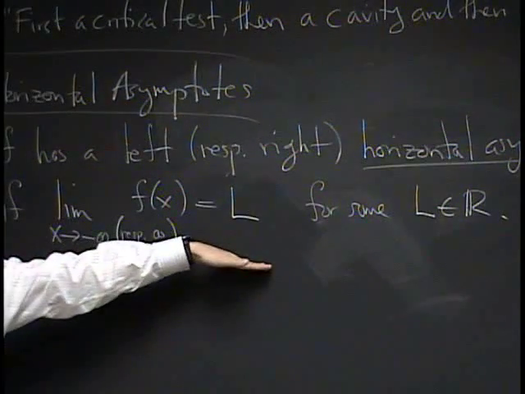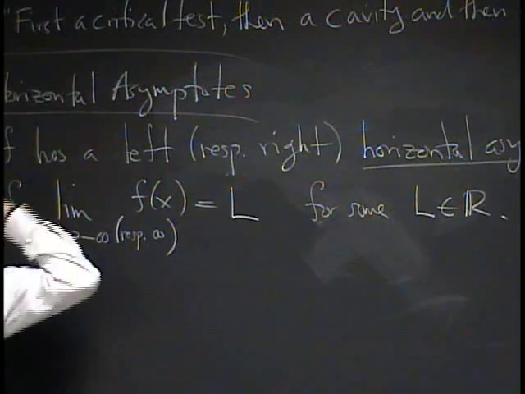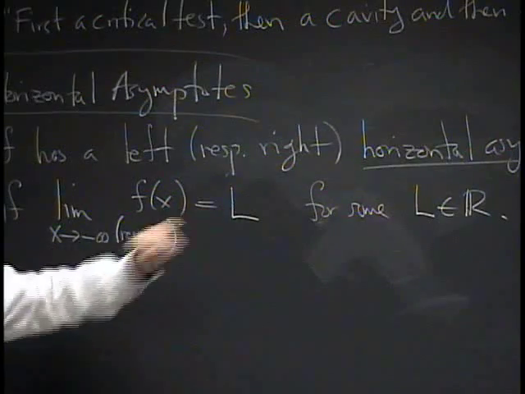And if you actually get out a number in either of those cases, then you know you're going to have either a left or a right horizontal asymptote.